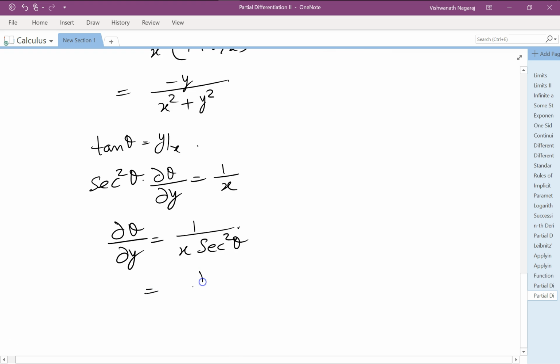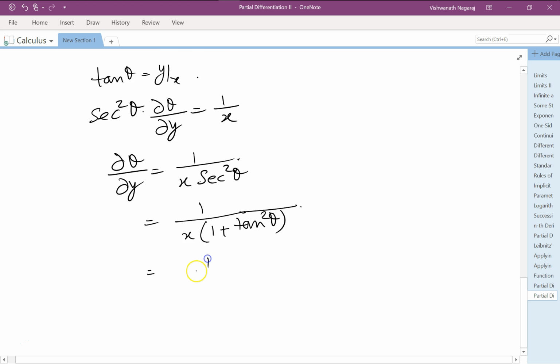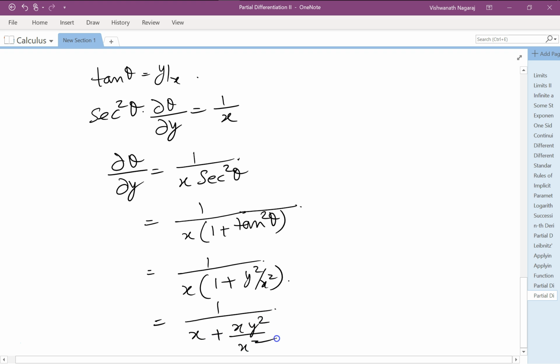This again can be written as 1 by x times 1 plus tan square theta, and this becomes 1 by x times 1 plus y square by x square, which is 1 by x plus x y square by x square.